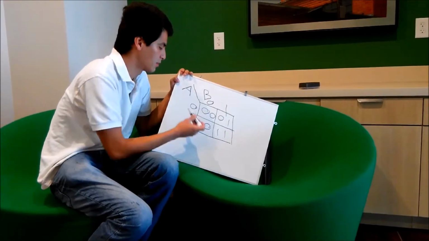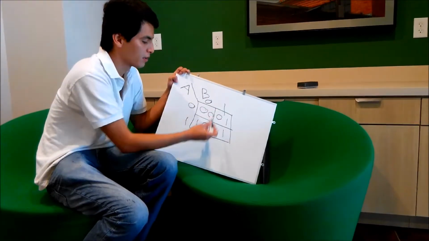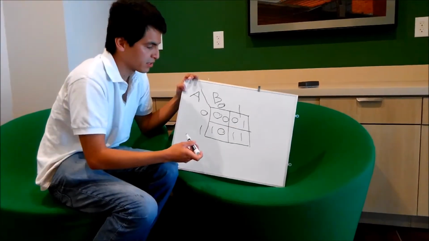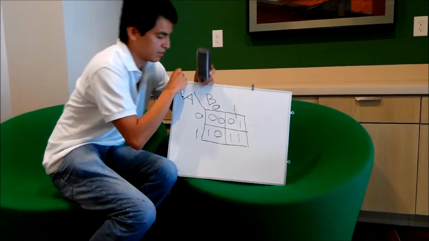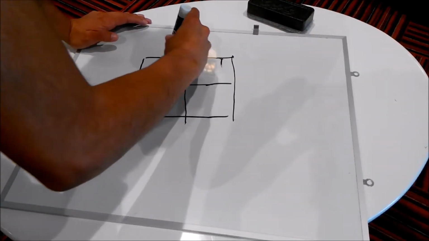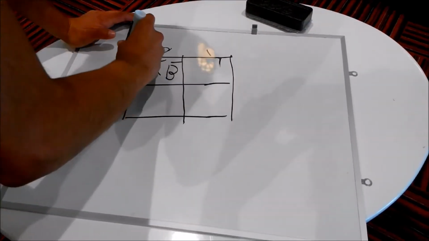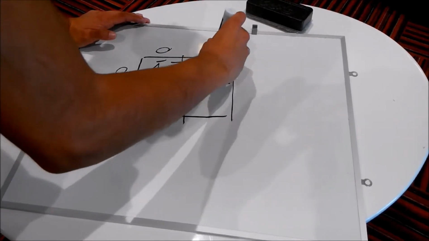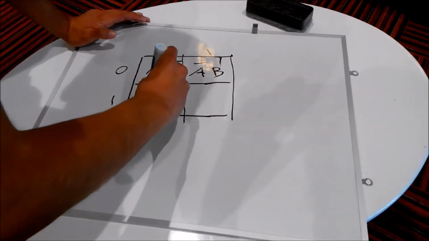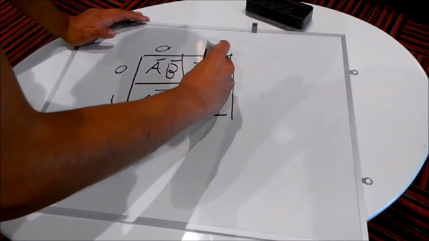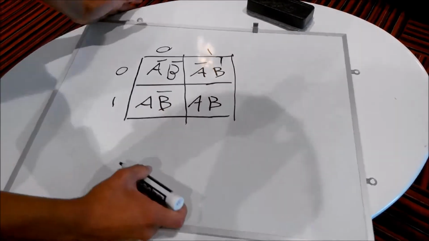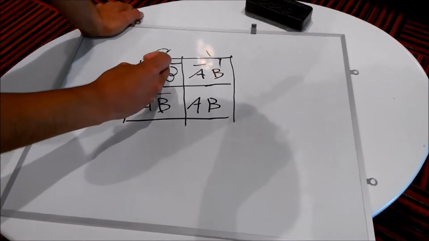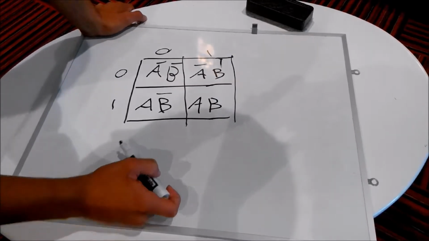It goes first letter A and then letter B. We can convert this to a different form. Notice we write a NOT letter in the case we have 0.